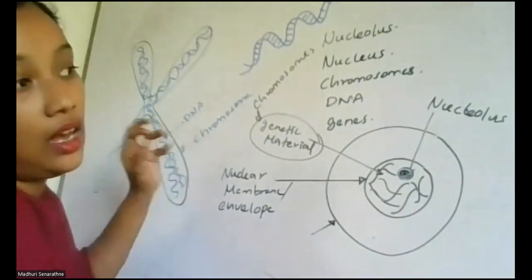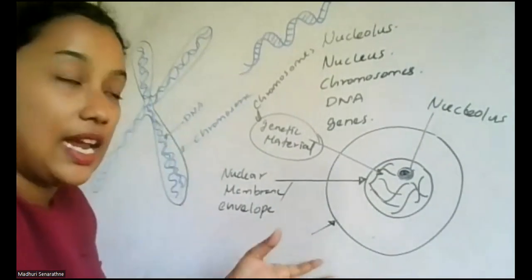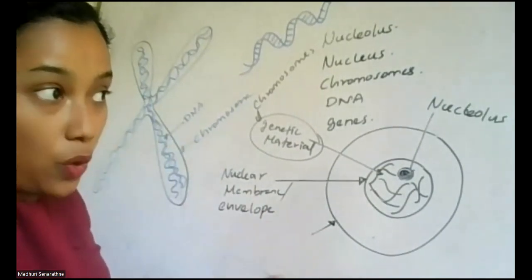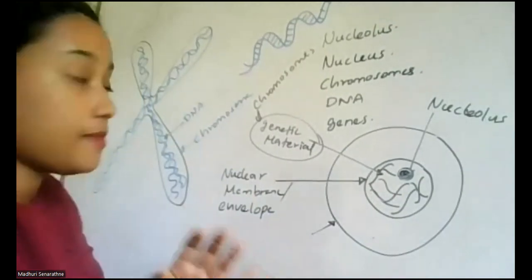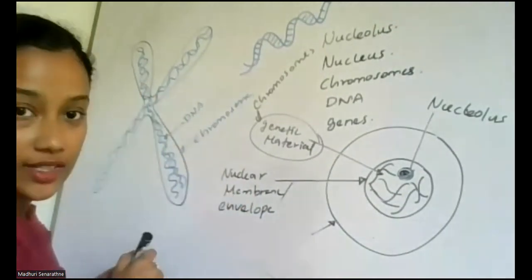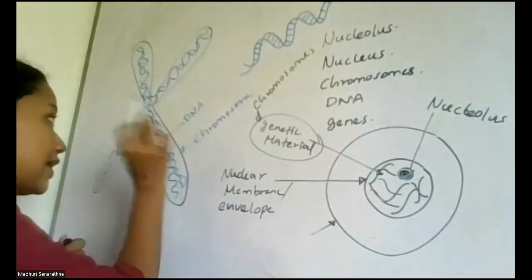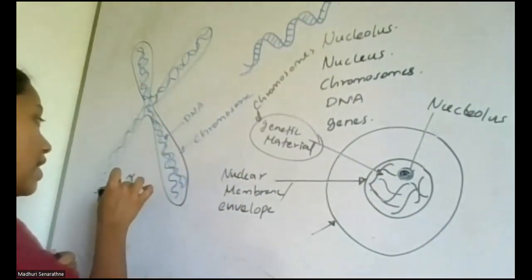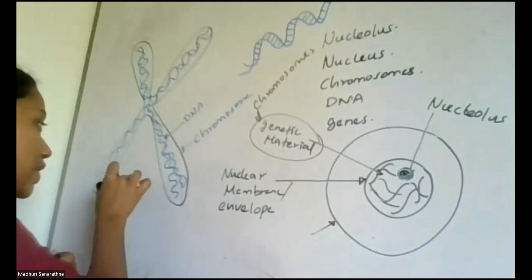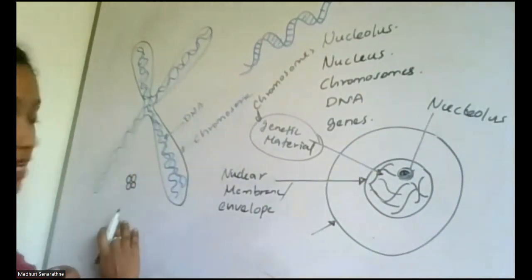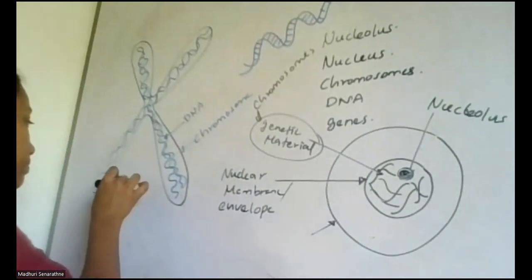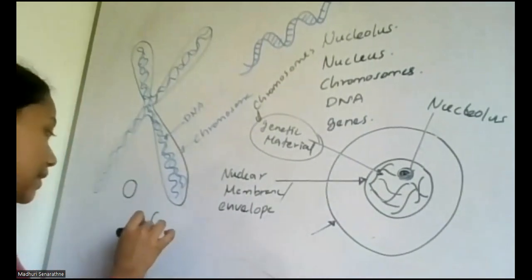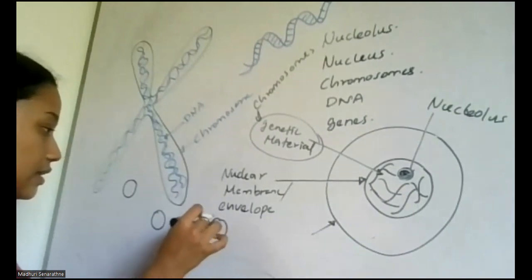In advanced organisms, later you will call them eukaryotic organisms, we can see there are other types of proteins we call histone proteins. They are pearl-like, globular structures.